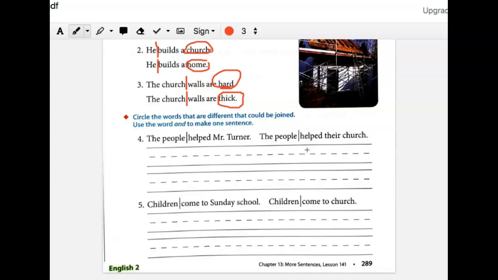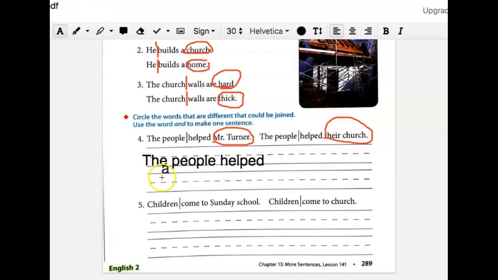The different words are Mr. Turner and their church. Then how can we combine these two sentences? We can first write down the words that are the same in both sentences. The subject, the people, and the verb helped are the same in both sentences.